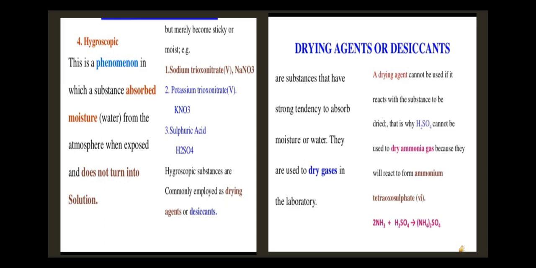Now, hygroscopic substances absorb moisture from the atmosphere when exposed to the atmosphere, but drying agents or desiccants already have the property to absorb moisture, even if we are exposing them to the atmosphere or not, they will absorb the moisture from the surroundings.